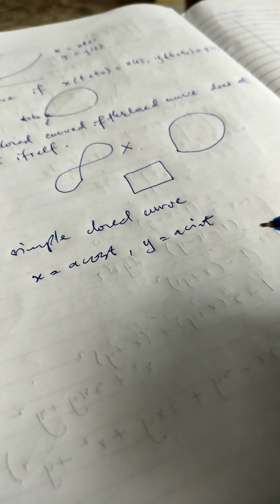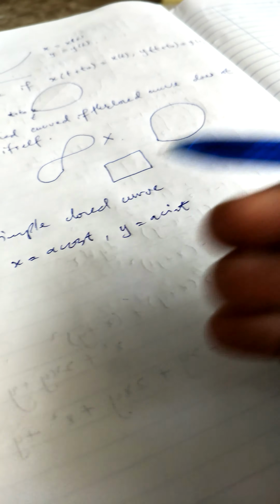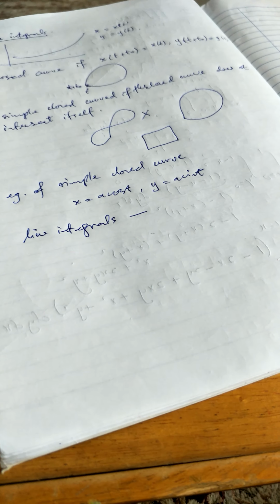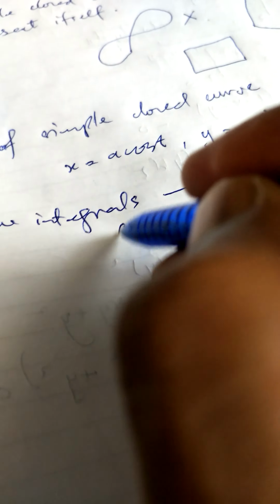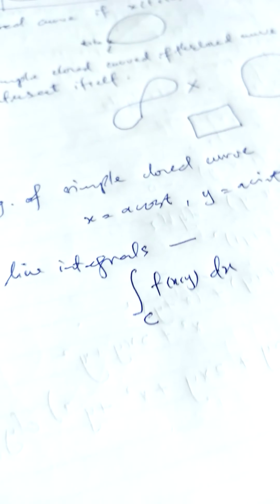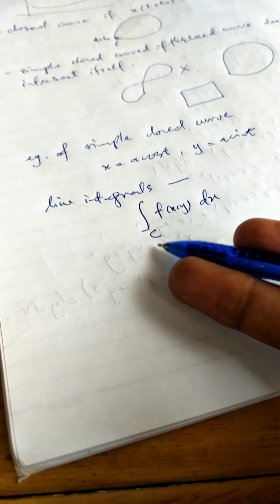So now what do we mean by line integral? A line integral is an integral that we evaluate along the curve C. For example, we want to integrate the function f(x,y) dx along curve C. What is C?